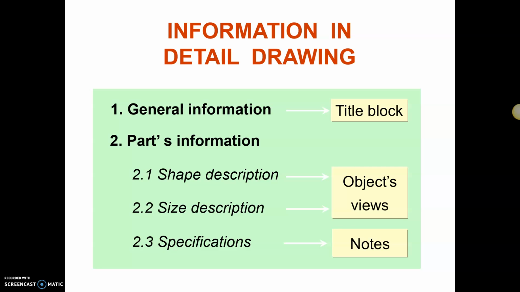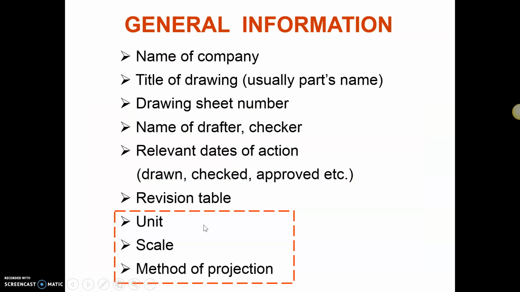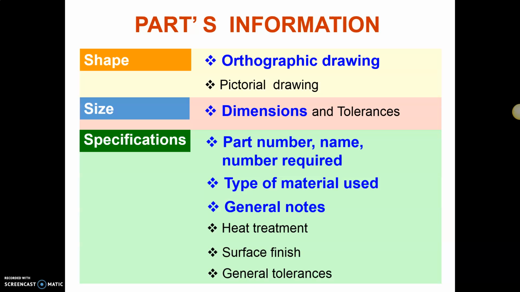We're going to start with the detailed drawing first before we go to the assembly drawing, because a detailed drawing is just focusing on a part. Normally, the title block provides all the general information as well as the part information, including the shape, size, and specifications, and other information as listed here, including unit, scale, and method of projection.